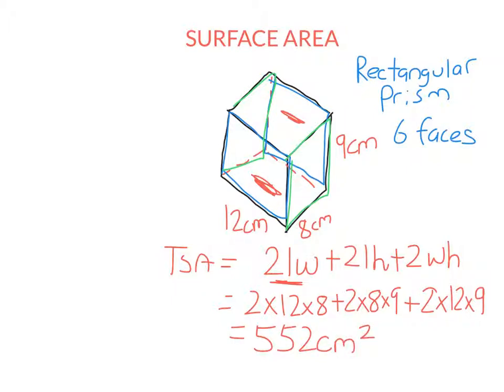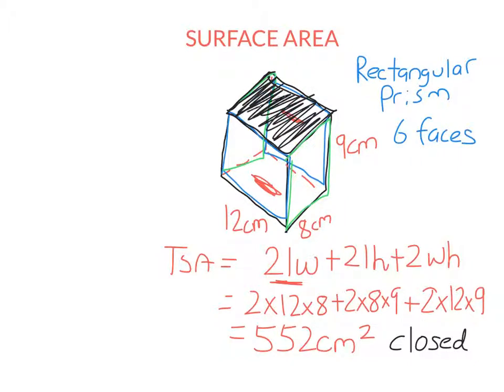But what makes surface area a little complicated is you have to consider whether the solid is closed or not. This is the total surface area if the solid is closed. But what if it was open? What if I took away, say, the top rectangle here? Then the surface area would be different.